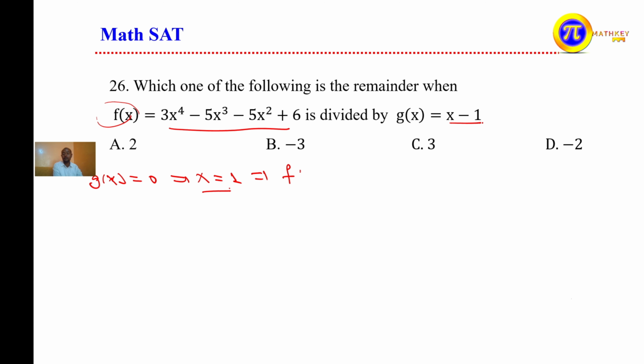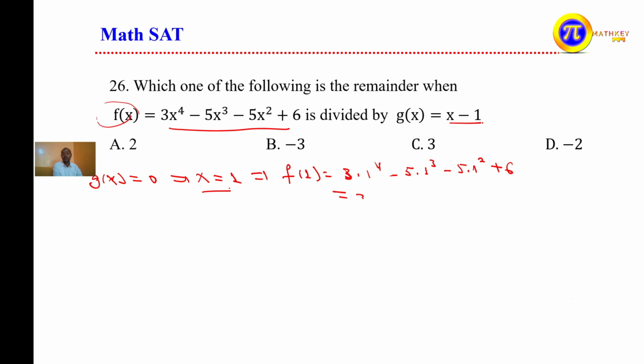That means f of 1 is equal to 3 times 1 to the power of 4, minus 5 times 1 to the power of 3, minus 5 times 1 squared, plus 6.